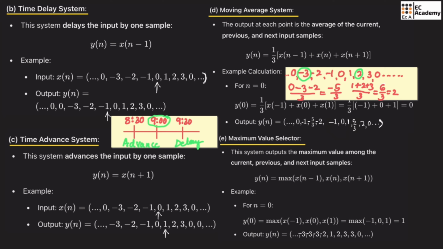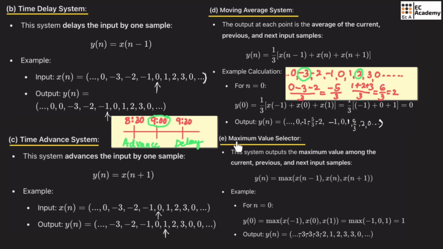So in the place of 2, we have written 2. So the output sequence will get these values based on the present input, previous input and next input by taking the average of the 3. You can do the calculation for the other values as well.